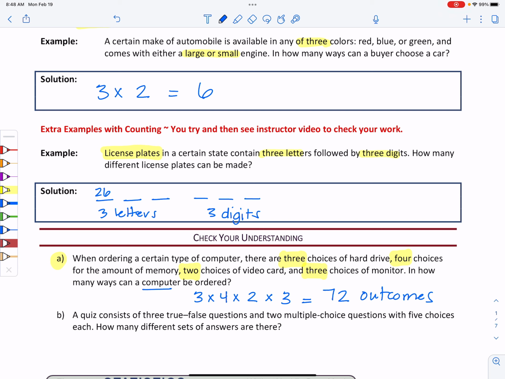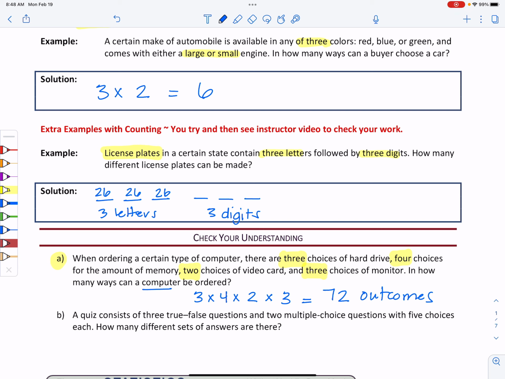We're counting the number of possible outcomes. This one doesn't say anything about not being able to repeat, so each of the other 2 letters has the same 26 possible outcomes. If it said letters could not repeat, then I would have gone 26, 25, 24.